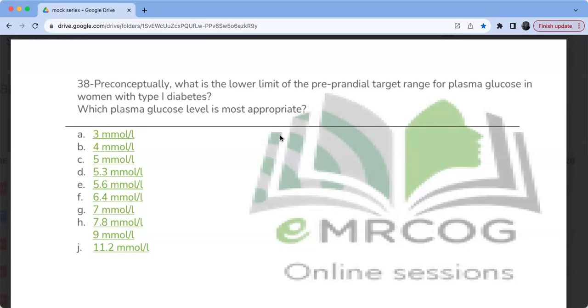Fasting plasma glucose level of 5 to 7 on waking, and plasma glucose level of 4 to 7 before meals at other times of the day. So if he asks you before meals, preprandial, choose 4 to 7. So it should start from 4, not less than 4, of course.